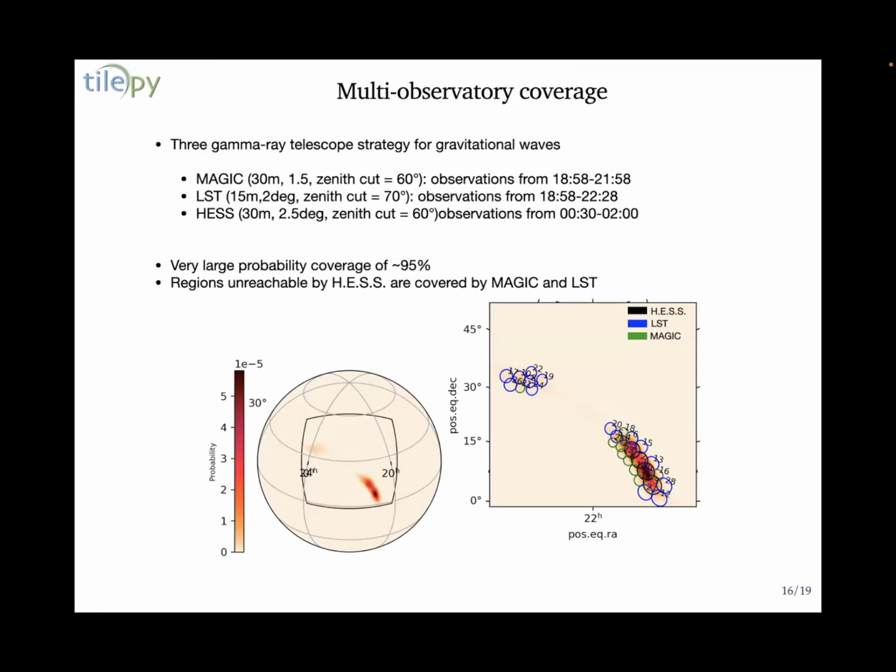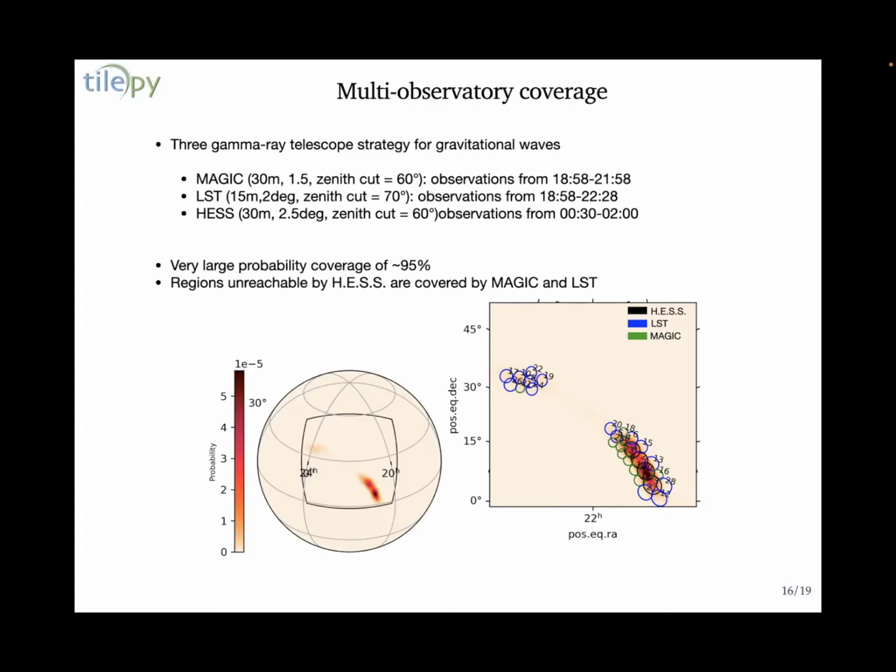So you see that HESS can cover parts of the sky that are complementary to what the others cover. Here you see in black HESS, LST is in blue, and MAGIC is in green. In this way, we can cover a large region of the sky that wouldn't be reachable by only one site.